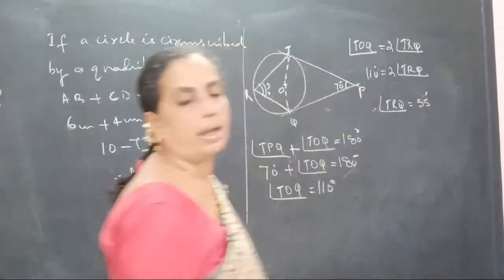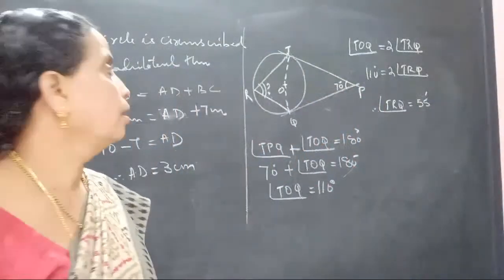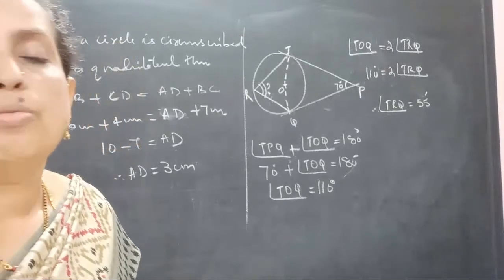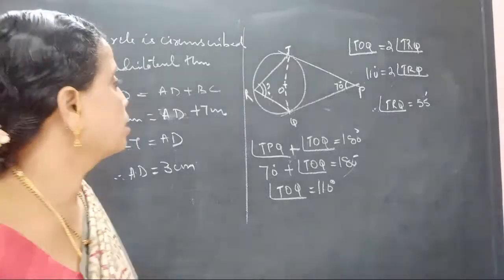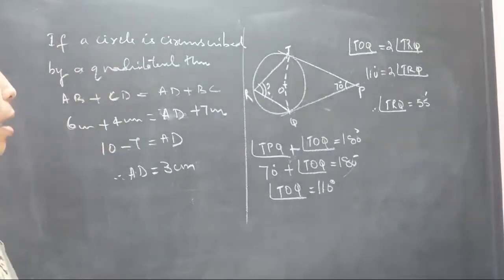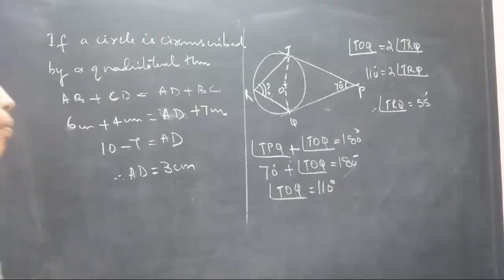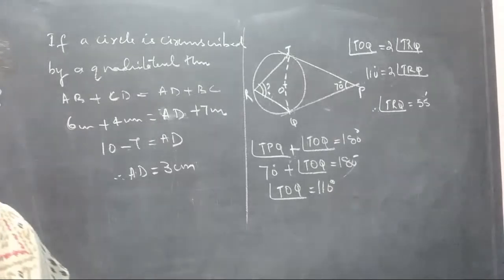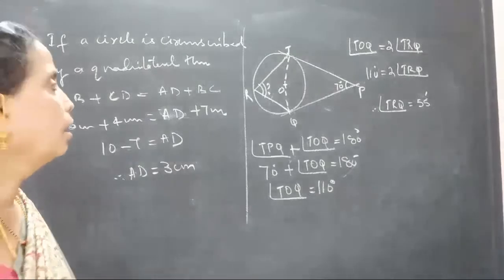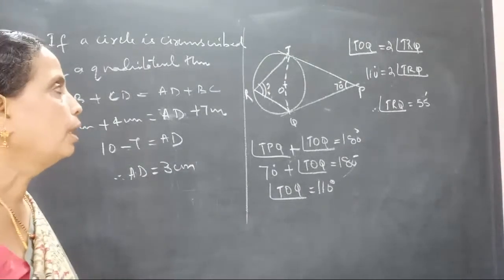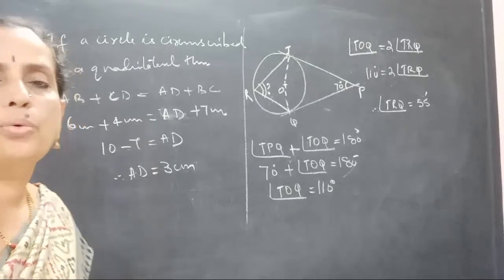This is either a 1 mark question or a 2 marks question. It's not C, it is TRQ. It's not 140 degree. Just to see the condition, angle at the center is not TPQ, it is TOQ.